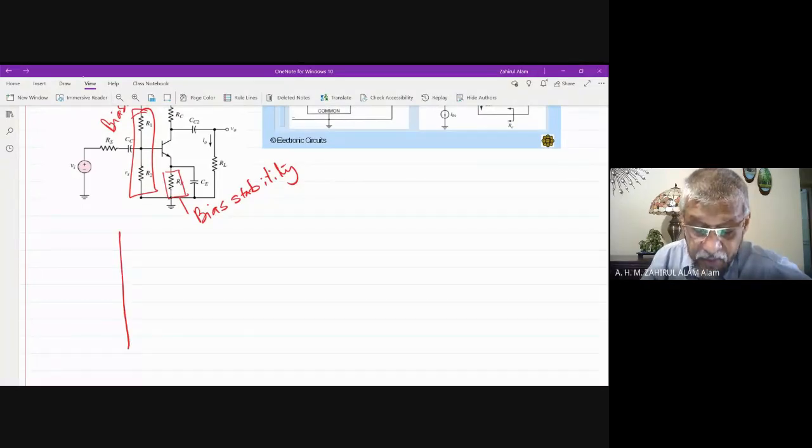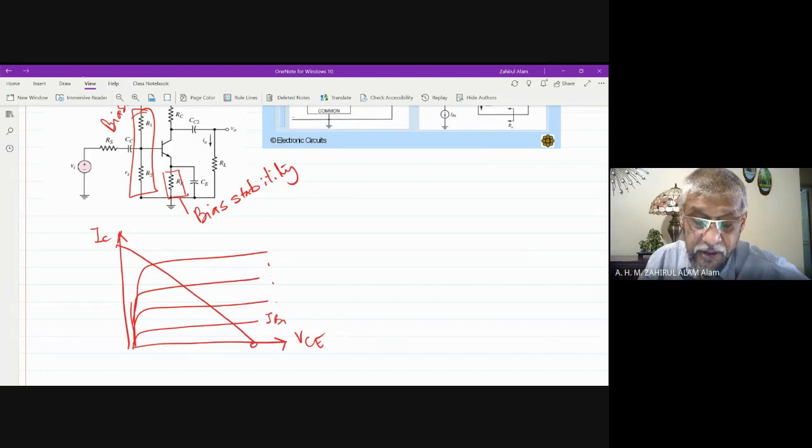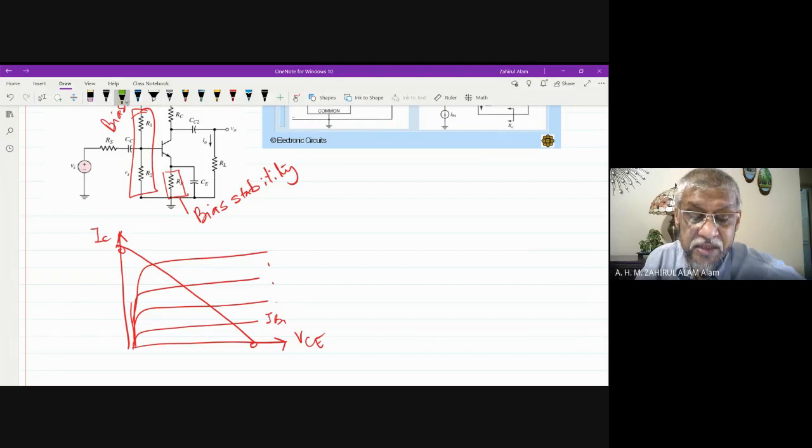So what is the operating point? Last time in your earlier course, you considered these characteristic curves. So IB1, 2, 3, and this is VCE, and this is IC. And we have a load line, and we set the bias point at the middle, so that this is ICQ and VCEQ.